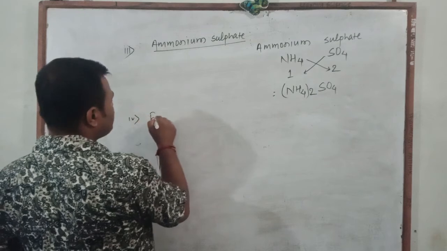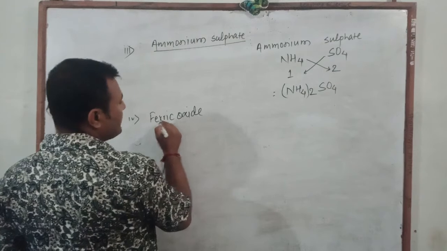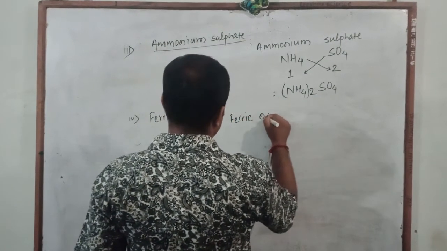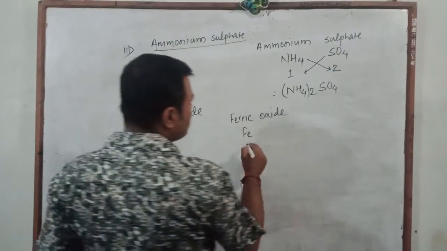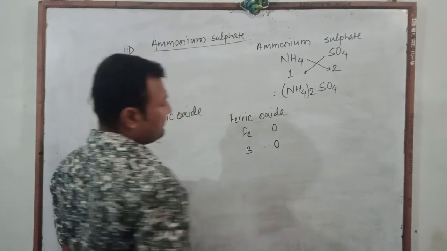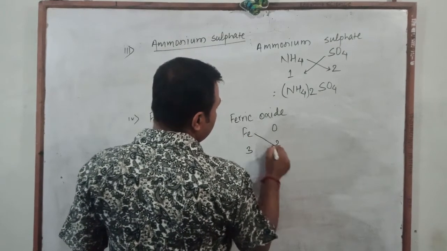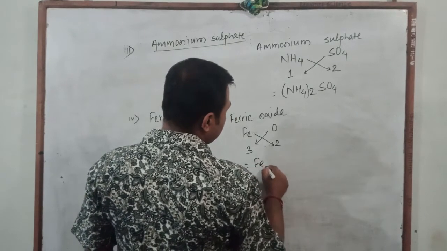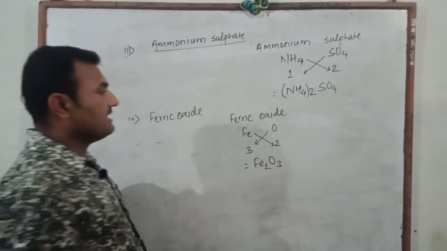Now again we write more formulas. Suppose ferric oxide. Ferric oxide contains iron and oxygen. Ferric symbol is Fe, its valency is 3. Oxide symbol is O, valency is 2. Then we apply crisscross to exchange valency, and we get Fe2O3. It is called ferric oxide.